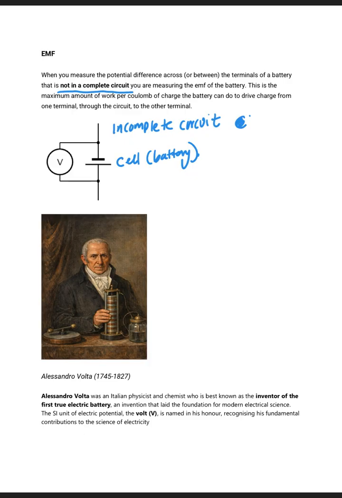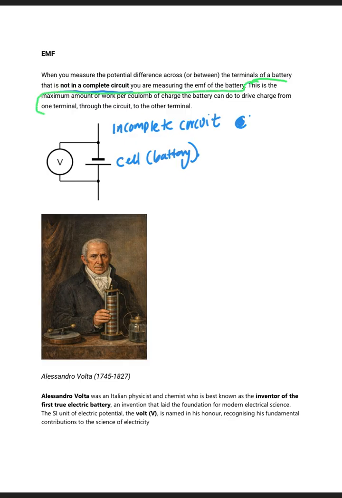So when we measure the potential difference across the battery, when the battery is connected to a circuit that is not complete, like this one, we are basically measuring the EMF. The definition of the EMF is here.